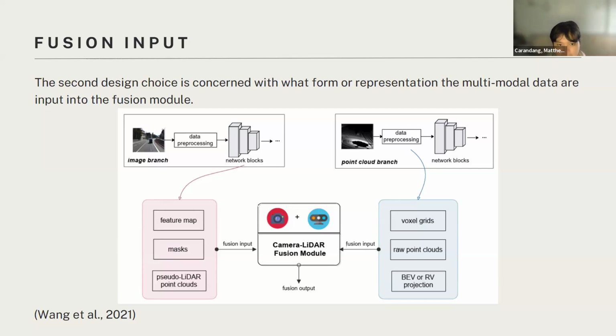The feature map is basically plain object detection using images. Masks set different regions of interest in an image, so it detects where the object is. And pseudo-LiDAR represents the image in a 3D dimension.